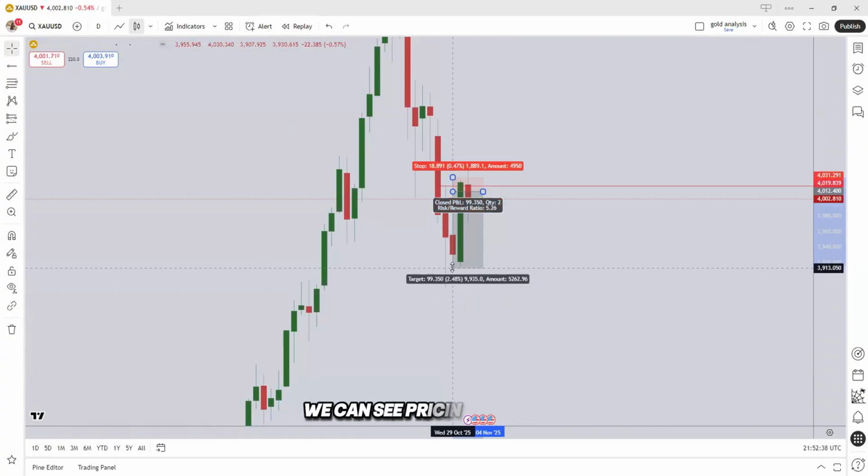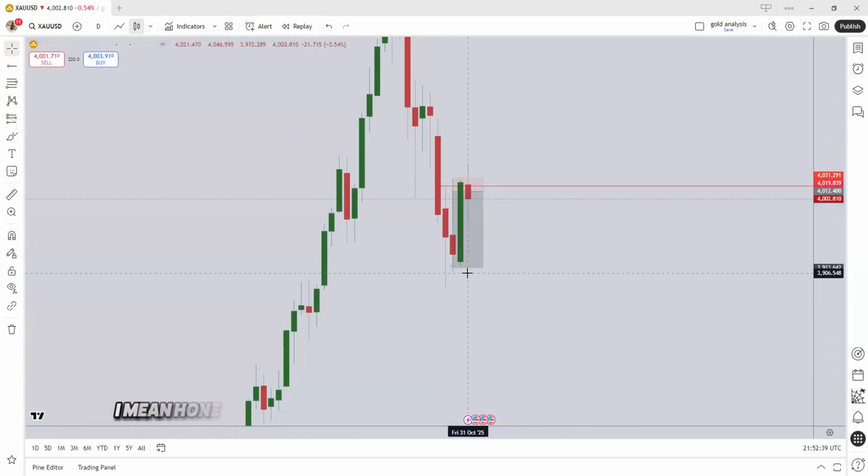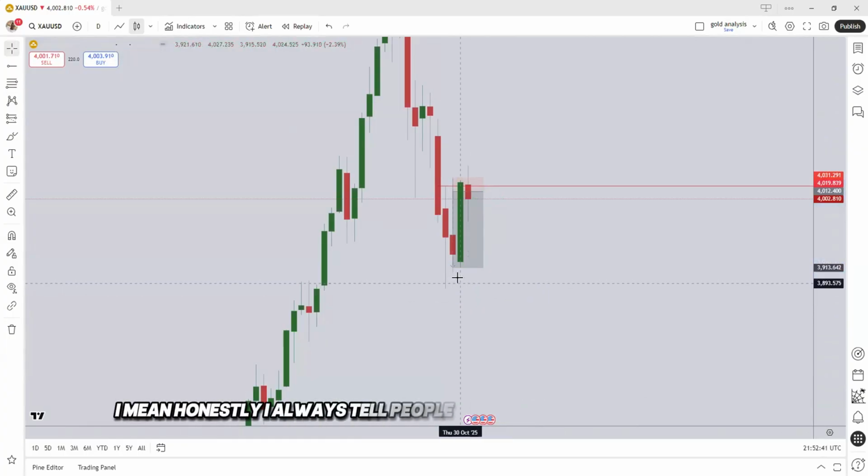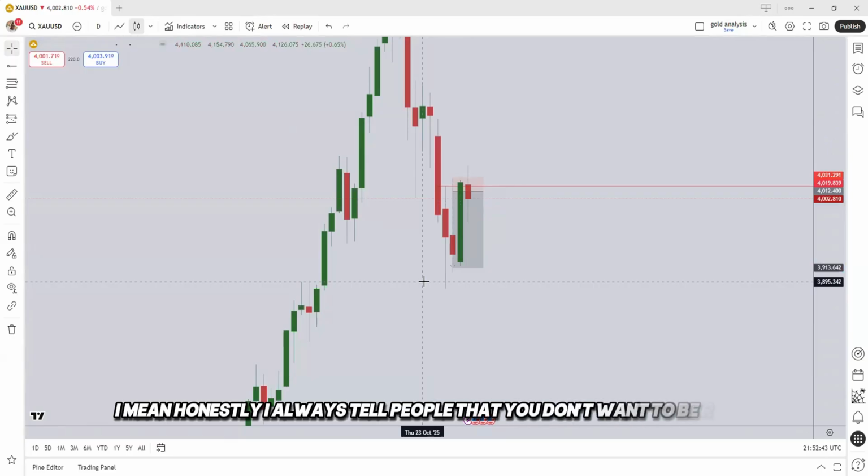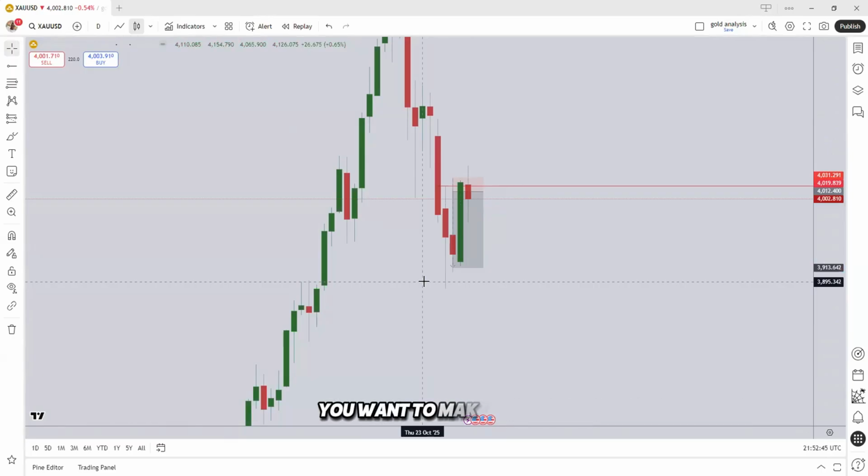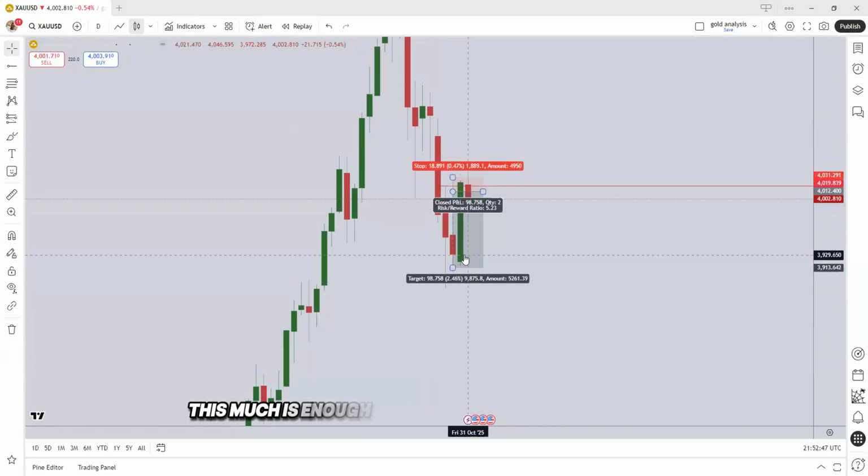But you can see price didn't get there. I mean, honestly, I always tell people that you don't want to be right, you want to make money. This much is enough for you to get out of the market.